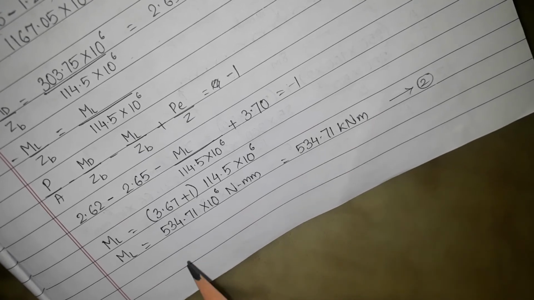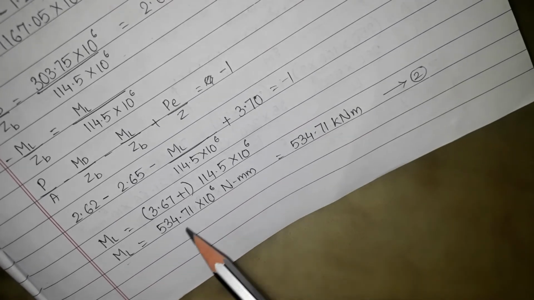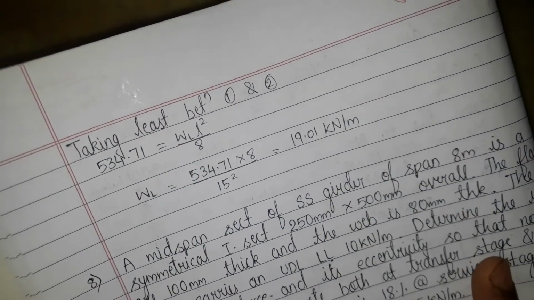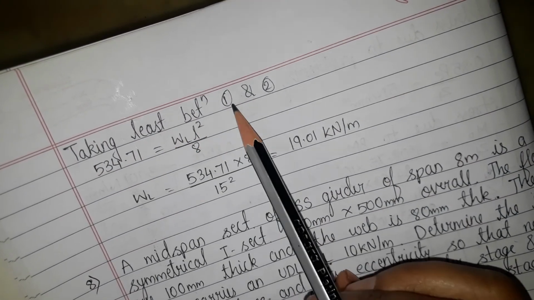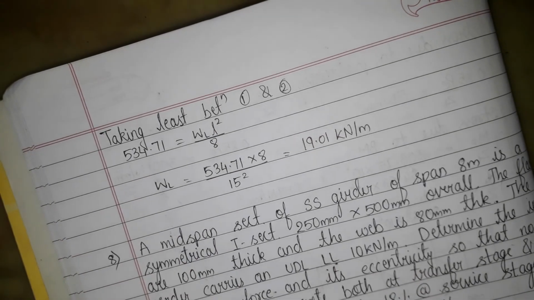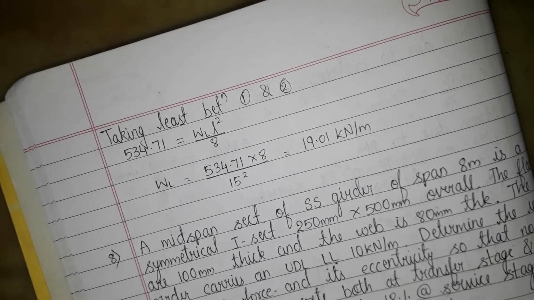So after equating to minus 1, you will get ML by condition 1 and by condition 2 we got two values of ML. So now what you have to do? You have to take the least between 1 and 2. We have calculated the value of bending moment due to live load by using 1 and using 2.